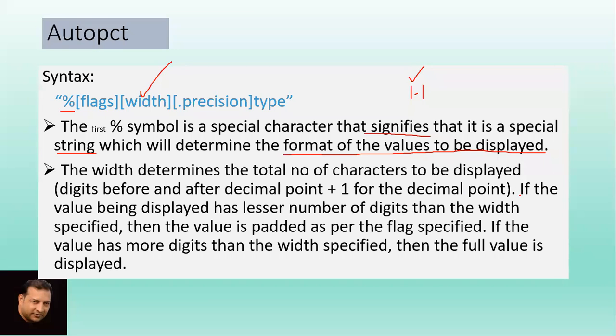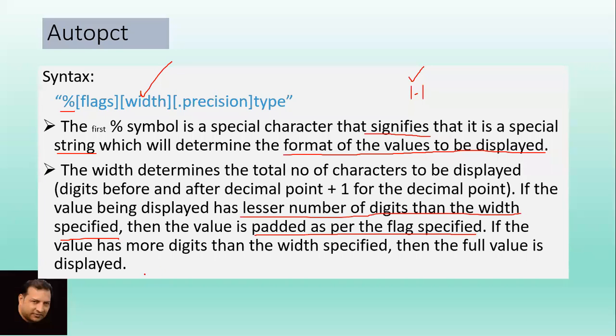So if the value being displayed has fewer digits than the width specified, then the value is padded as per the flag specified.